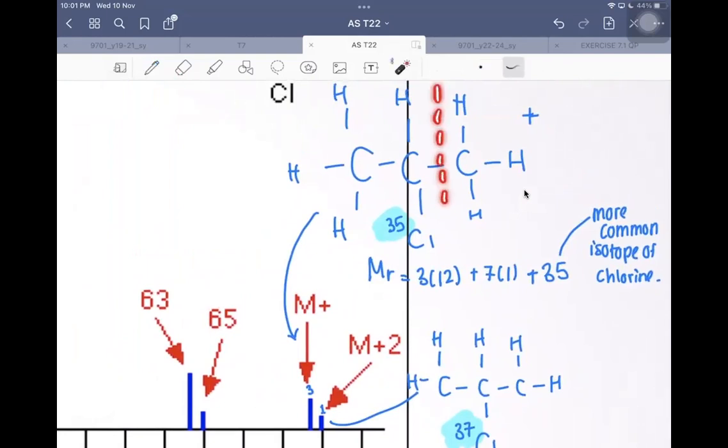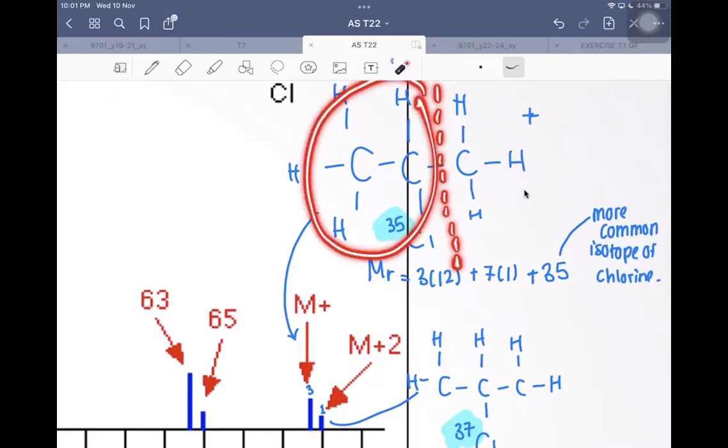I don't know if you can see that. It's the fragment on the left where you have 2 carbons. So that's 12 times 2, 24, plus 4 hydrogen, 28, plus 35, 63. So this fragment is causing the 63 peak.